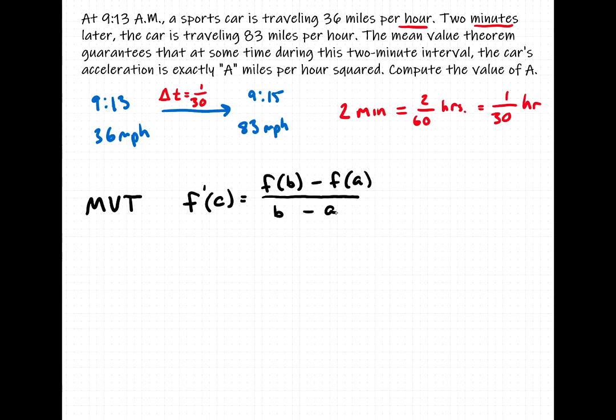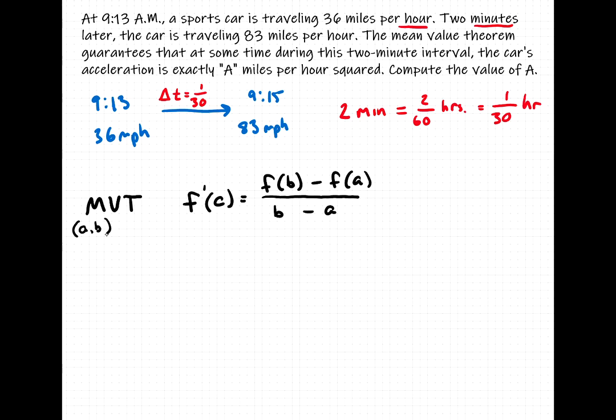So it's basically saying at some point in the interval a to b, and there's a couple of criteria that we always have to consider. The function is continuous on the closed interval a to b and differentiable on the open interval a to b.